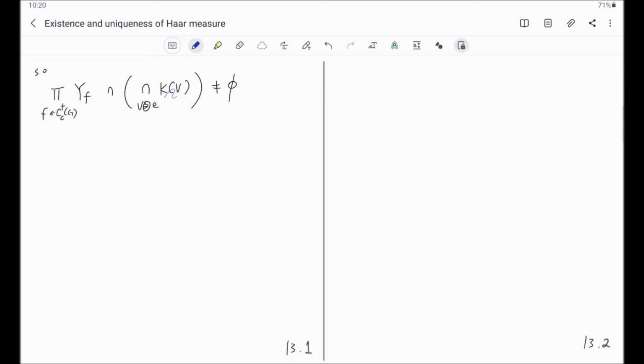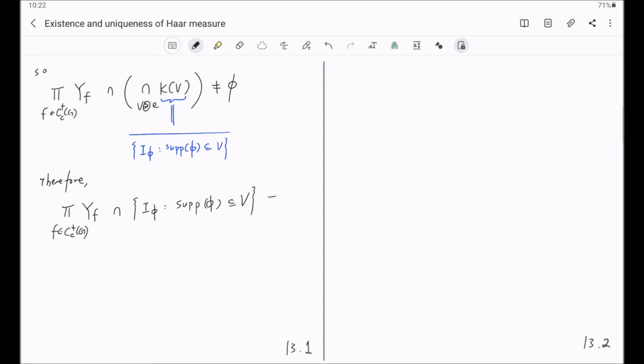But what is each KV? KV by definition is the closure of such sets I sub phi where support of phi is contained in V. So KV is the closure of this set. Therefore, we have the following intersection, non-empty.